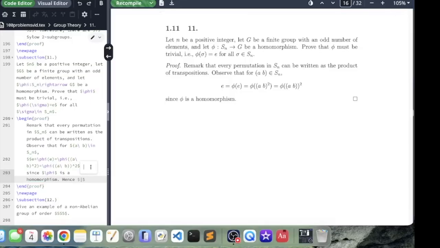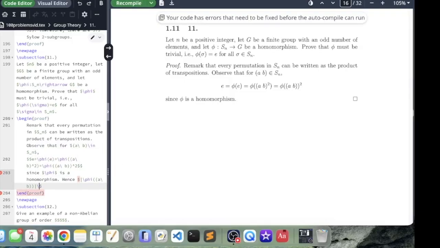hence the order of phi of any transposition divides 2.